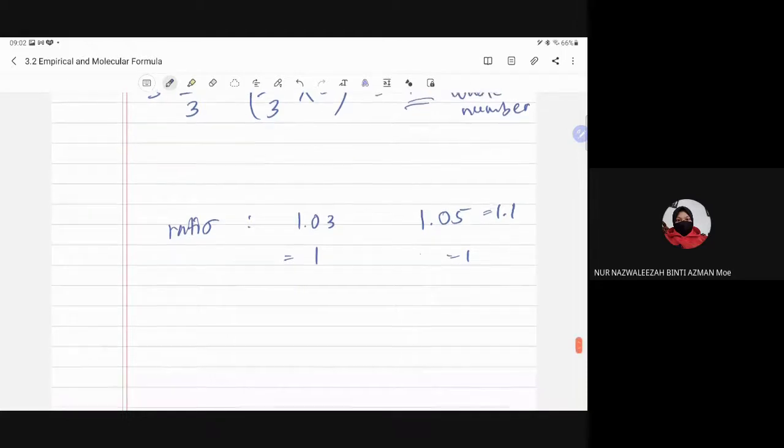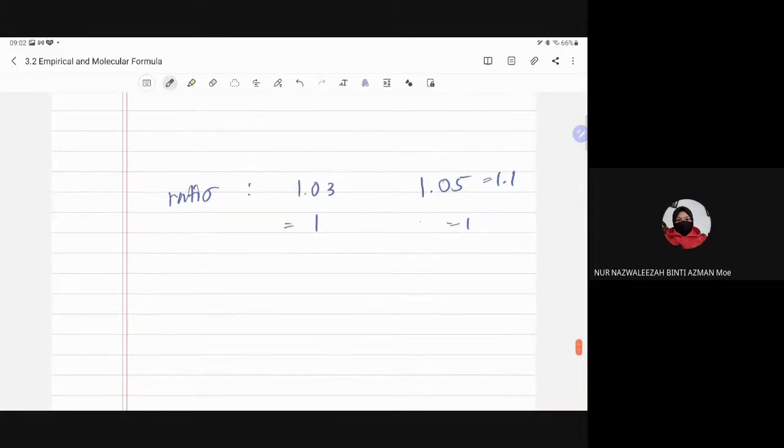Bundar terus. Okay. Kalau contoh kita ada ratio 1.20, 1.49. Kalau kita dapat nombor macam ni, this is where you have to be careful. 1.20, kalau kita bundarkan kepada next decimal point, dia adalah 1.2.